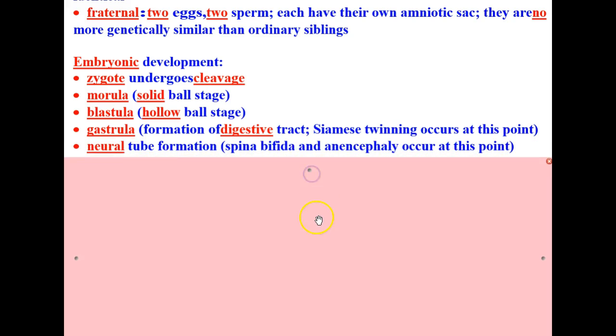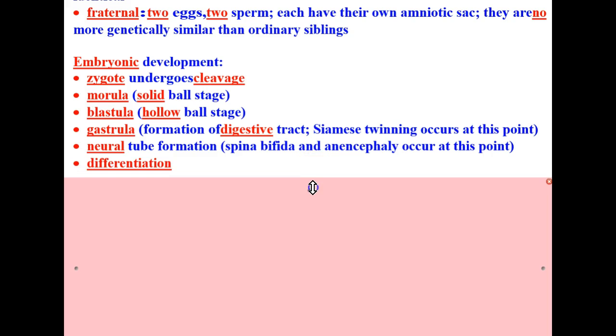The neural tube formation occurs next. This is when disorders of spina bifida and anencephaly can occur during this stage. And then differentiation. And of course, differentiation, as we learned earlier this year, is when all these cells differentiate and become different tissues and parts of your body.